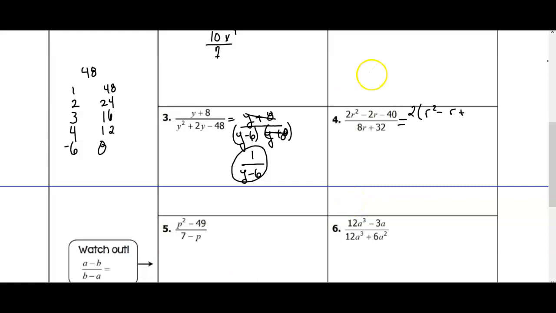Then in the denominator, common factor of 8. That leaves me with r plus 4.